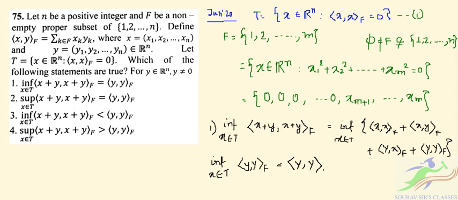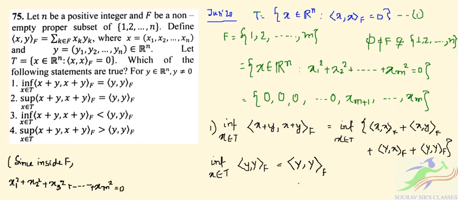In this non-empty subset, why? Because inside f, x1 square plus x2 square plus x3 square up to xm square is equal to 0.